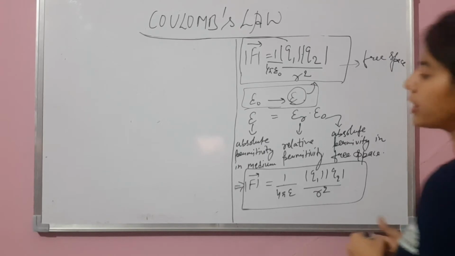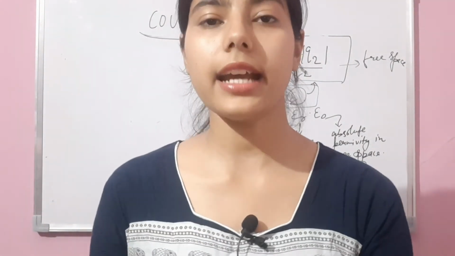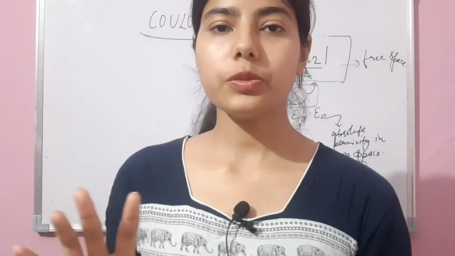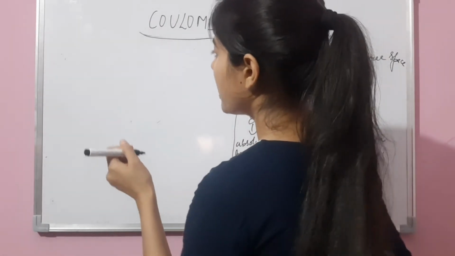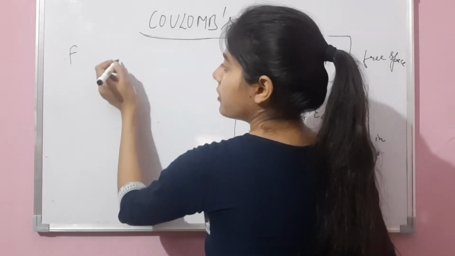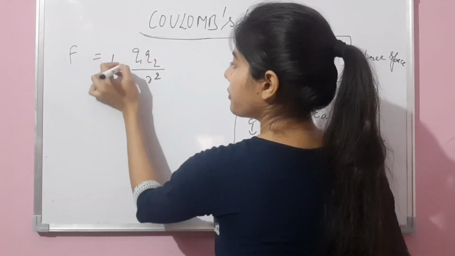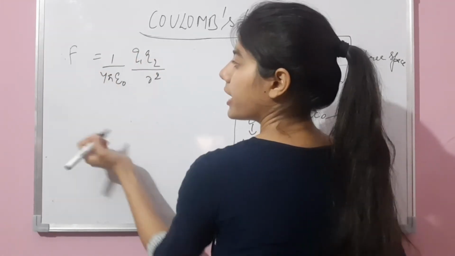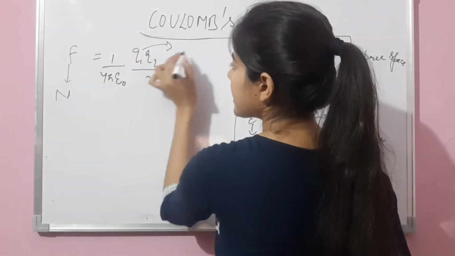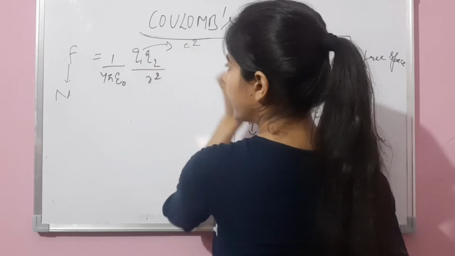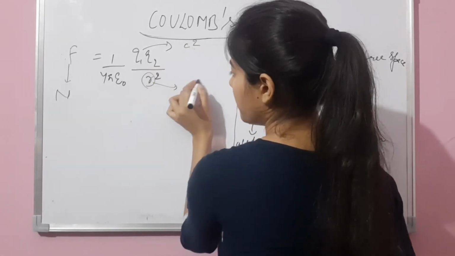Okay, so now we will calculate the SI unit of absolute permittivity in free space. How can we do that? F is equal to 1 upon 4 pi epsilon naught times Q1 Q2 by R square. Here F has SI unit Newton, Q has SI unit Coulomb, so this will become Coulomb square, and R has SI unit meter, so this will become meter square.